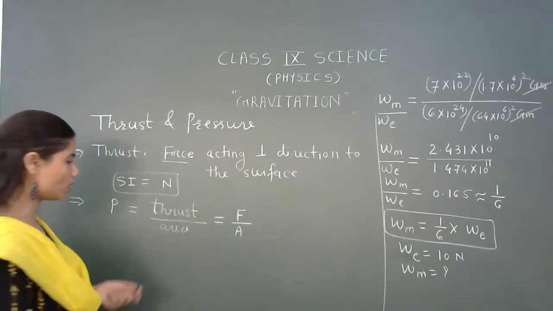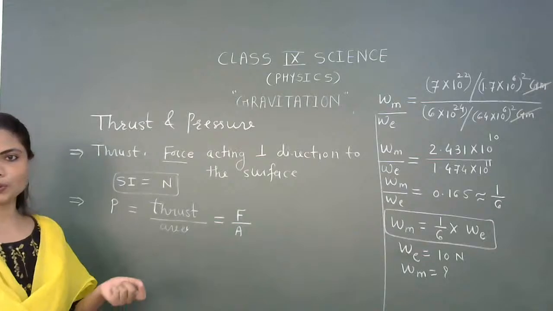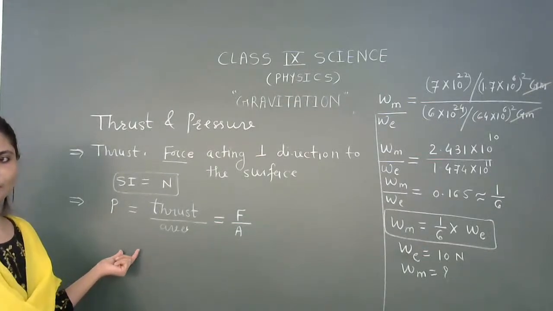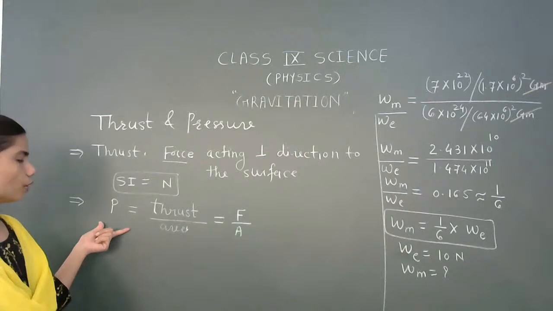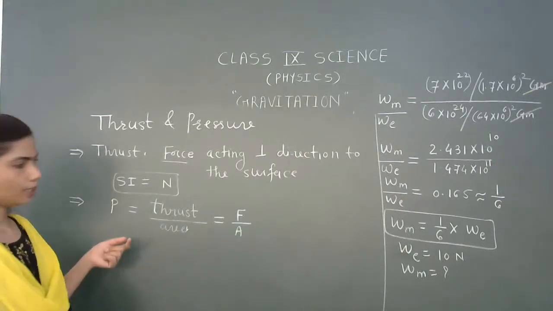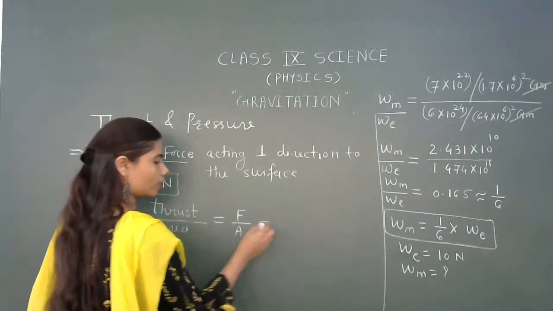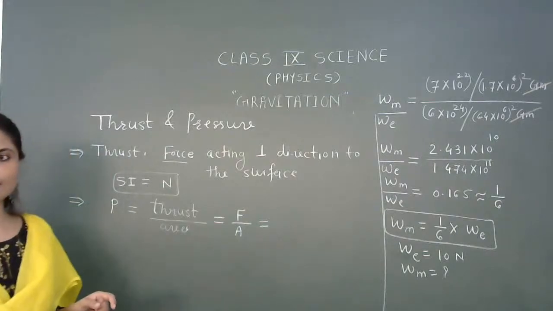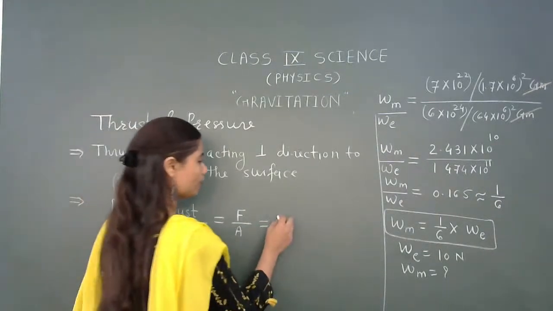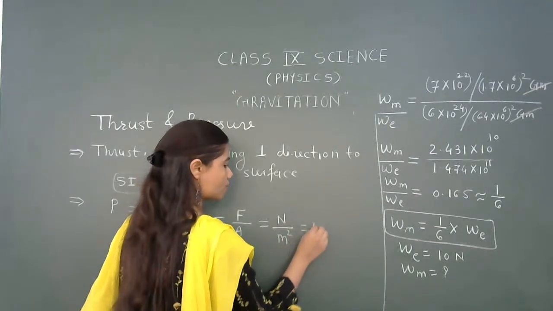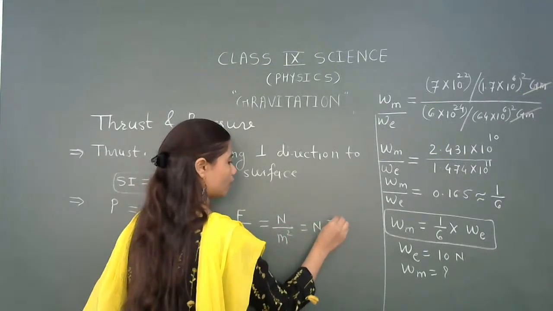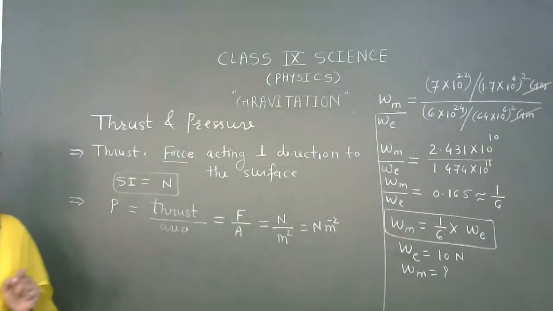And thereby you are so smart to find its unit also. You can understand what will be the unit of pressure in terms of these two physical quantities, one is force, another is area. The unit will be Newton per meter square, means Newton meter to the power minus 2.